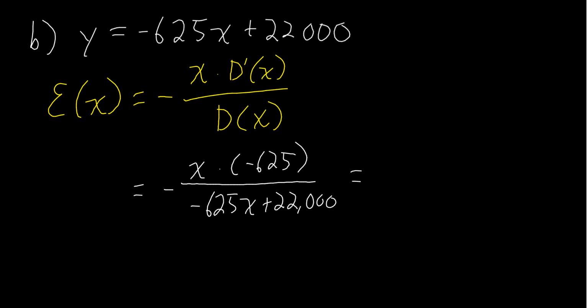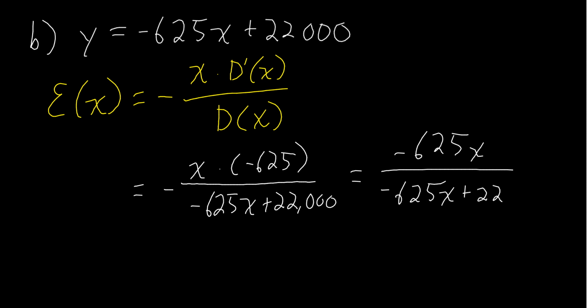All right, so all this comes out to, this ain't too bad. We've got a negative 625 in my numerator, next 625x, and then my denominator, 5x. Okay, and then we can reduce this. We can factor out a 625, pretty sure. Yeah. Hmm.